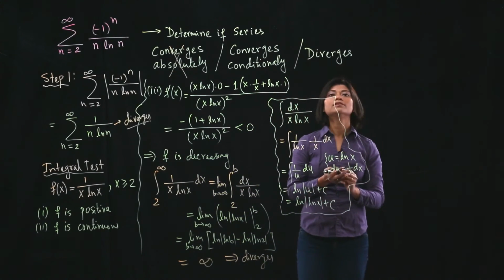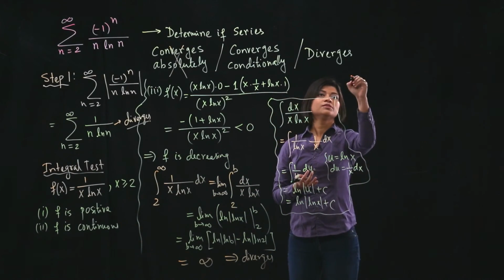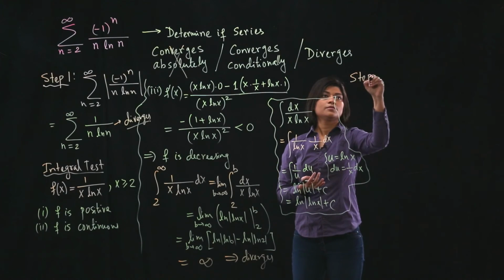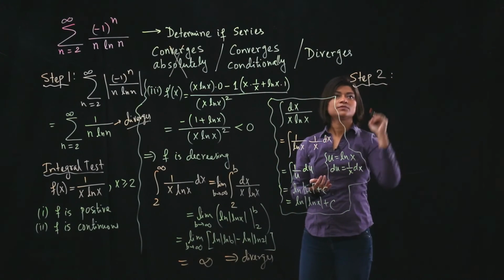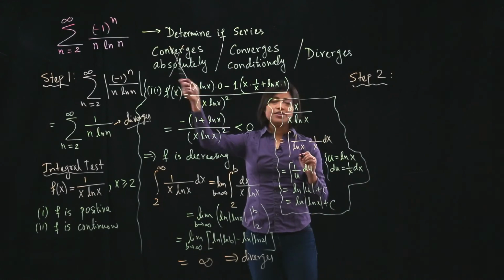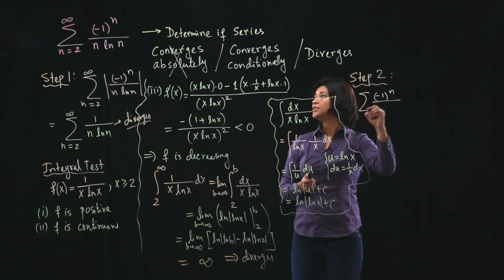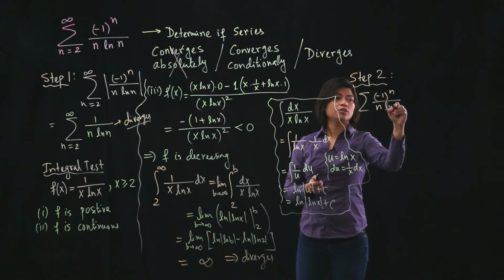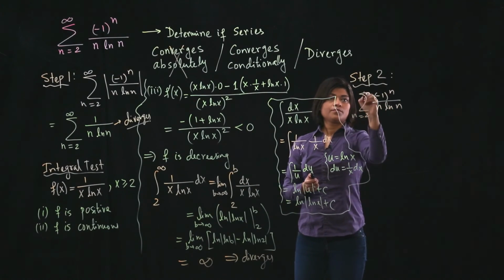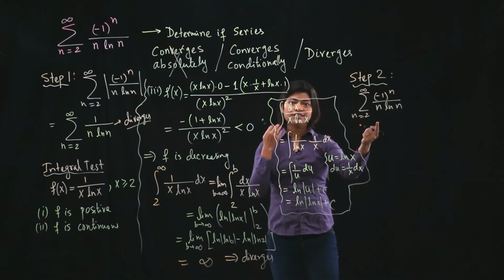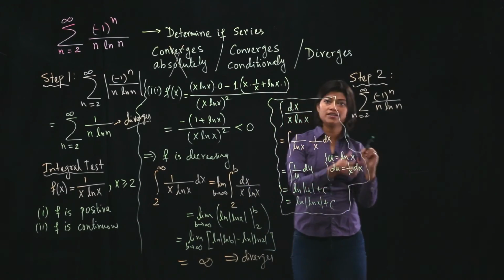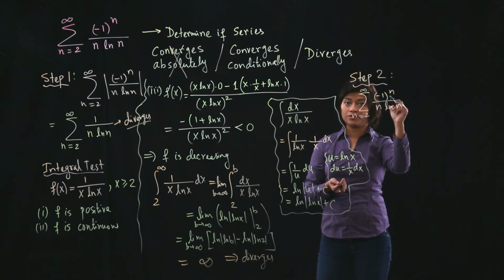All right, let's move on to step 2. So look at your original series, (-1)^n divided by n natural log of n. Let's see, what kind of series is it? Well, it's an alternating series because of this (-1)^n.